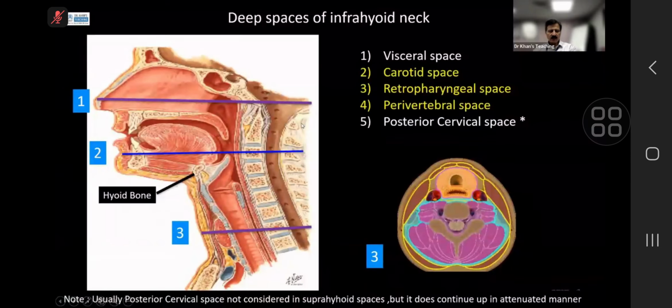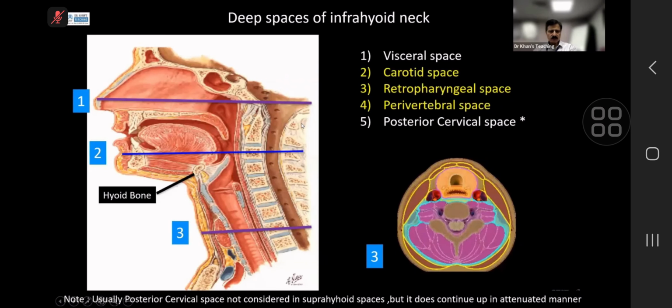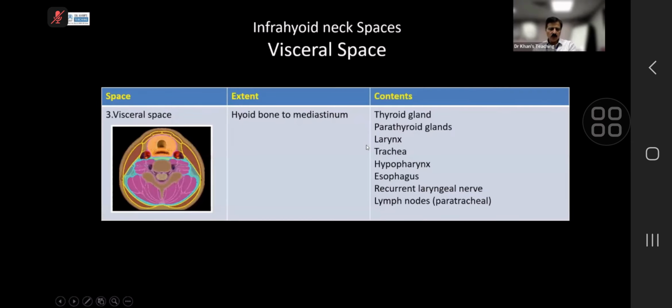Okay, from here we come to the larynx. Now, larynx is sitting in the infrahyoid neck. And in the infrahyoid neck, we have got multiple spaces, and larynx is part of the visceral space. So if you see here, the visceral space rises from the hyoid bone to the mediastinum.